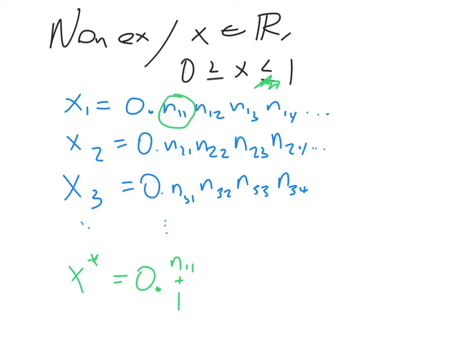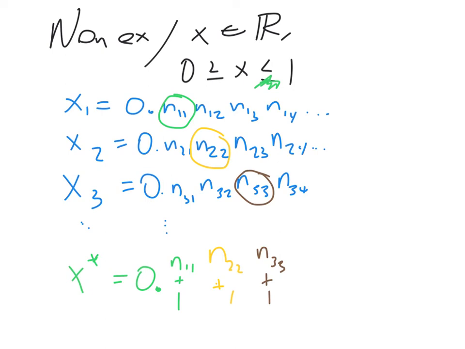And then let's consider the second digit, and let's just make sure it's different from the second digit of x2. And let's consider the third digit, and we're going to make sure it's different from the third digit of x3. And we can continue in this process. So for every single digit of x star, we're going to ensure that we choose that digit by making it different than xn. The nth digit is different from the nth digit of xn.